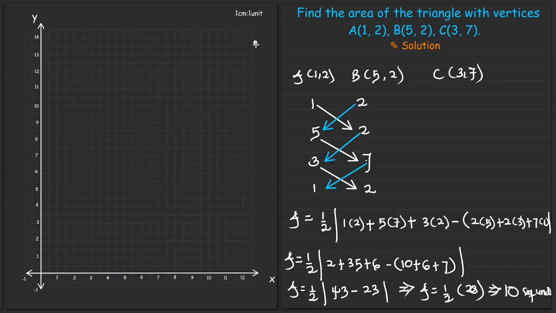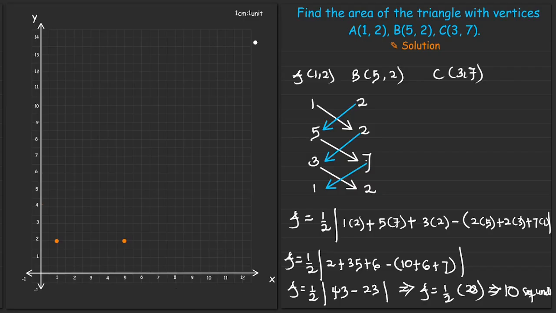The first one being 1, 2, so x is 1 and then y is 2. That is around here. Then our second point is 5, 2. So x is 5. At 5, we move up by 2 units. That is also going to be right here.